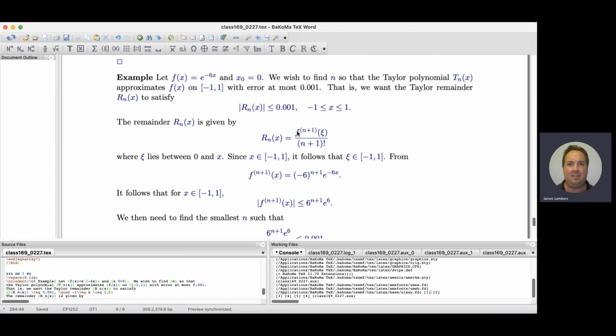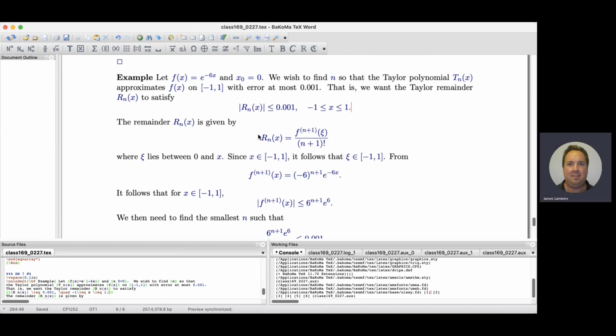So here's the general form of a Taylor remainder for Taylor polynomial degree n. So n plus first derivative at some unknown point between 0 and x. Now, because xc is between 0 and x, where x goes from -1 to 1, xc also must be somewhere in this interval.